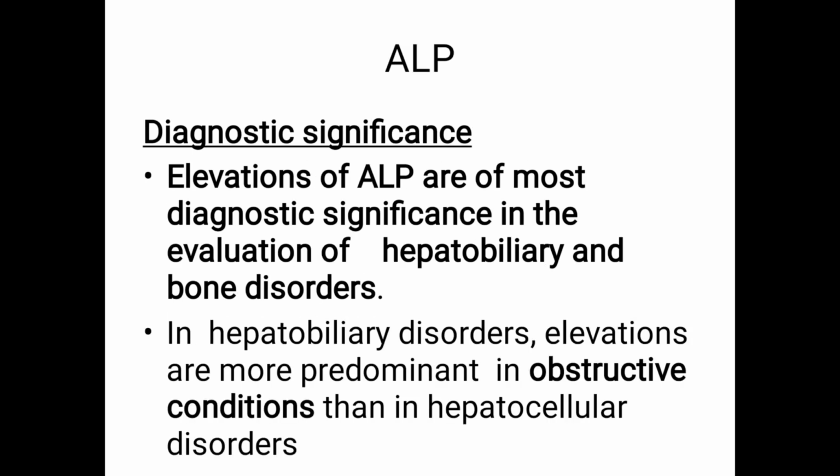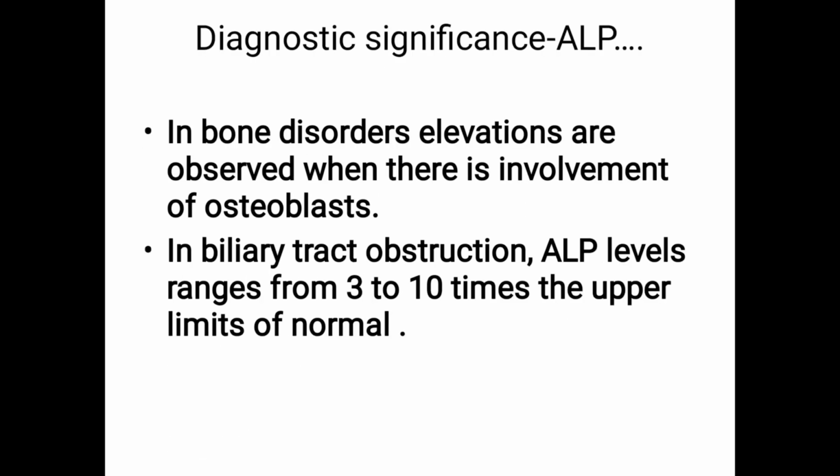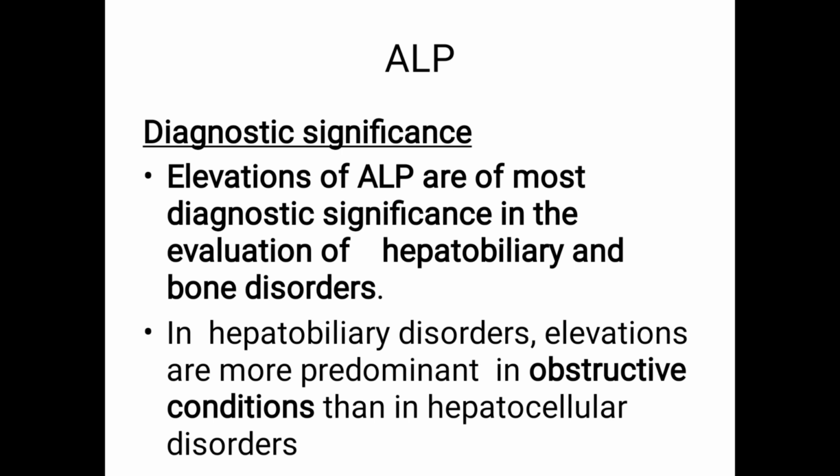Diagnostic significance: the elevations are most significant in the evaluation of hepatobiliary and bone disorders. So remember that ALP is also involved in bone. There is a test called the bone profile test, where calcium, phosphorus and alkaline phosphatase are involved.